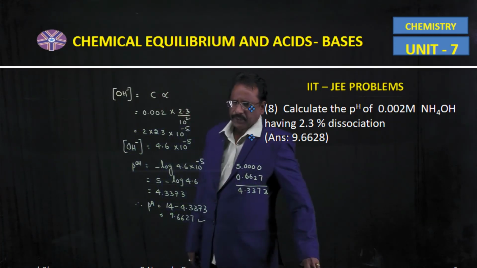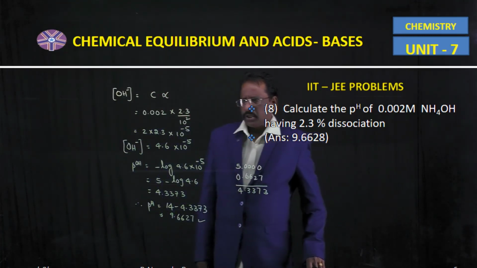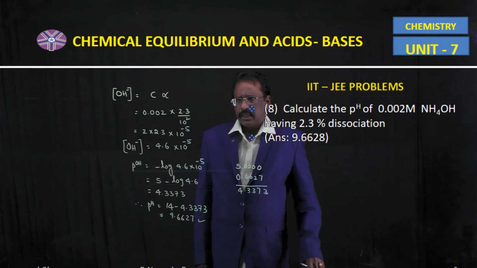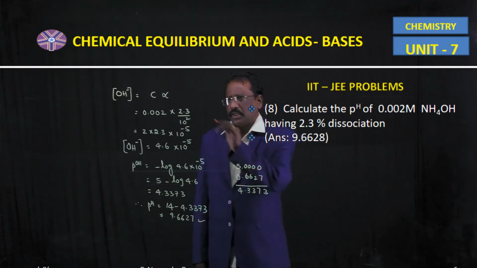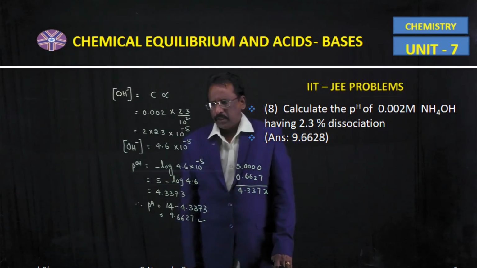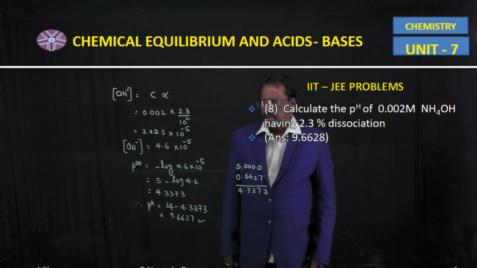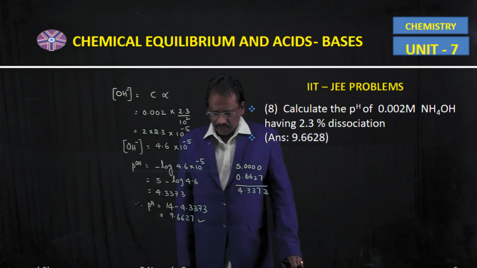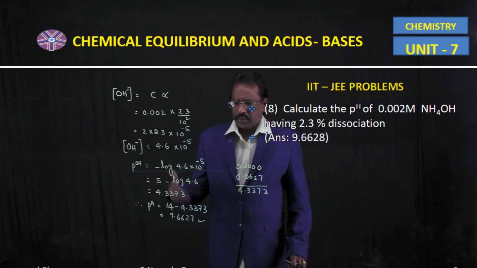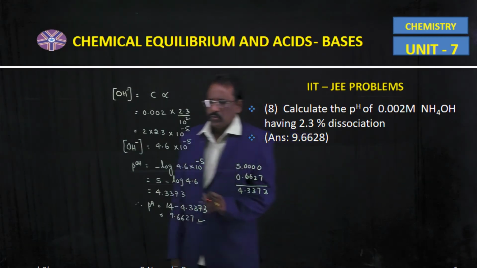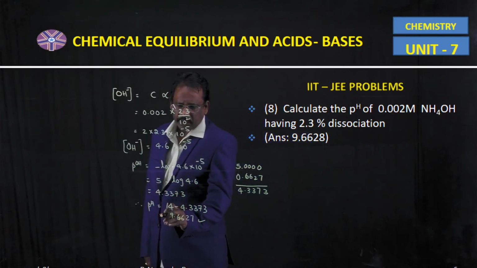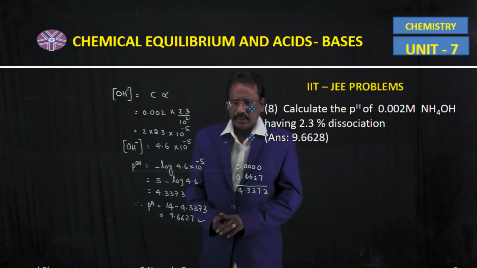So here degree of dissociation is given in percentage. That means 2.3 divided by 100 gives the alpha value. So calculate the pOH value. pH plus pOH is equal to 14. Therefore, pH of this solution is 9.6627.